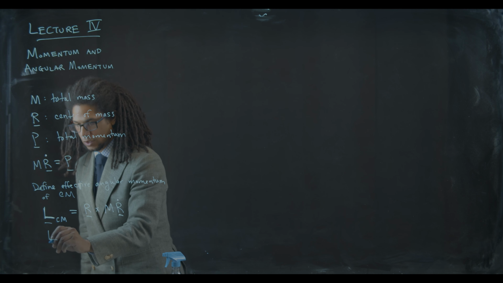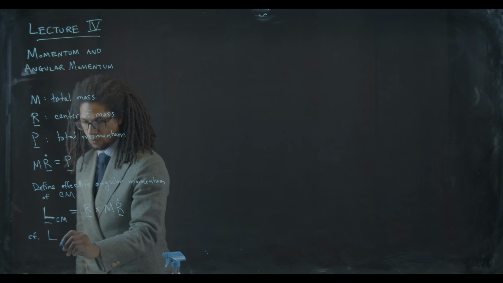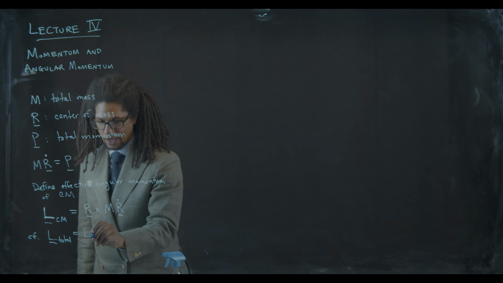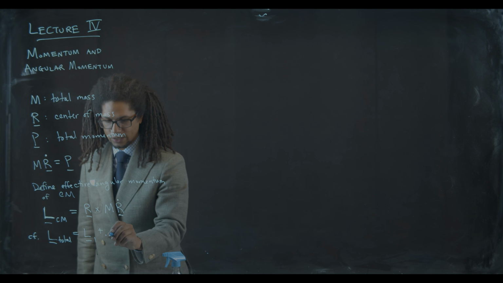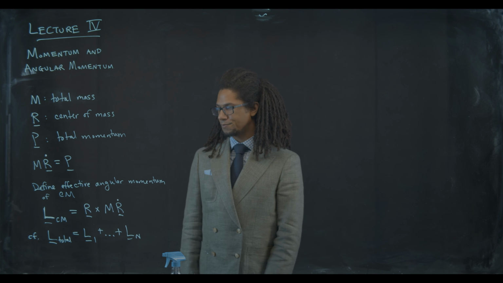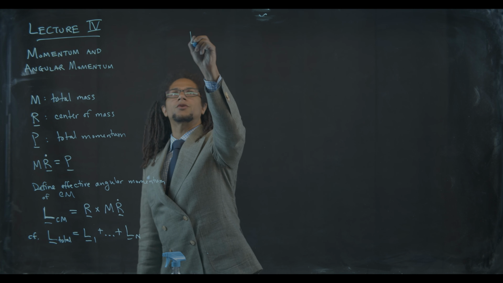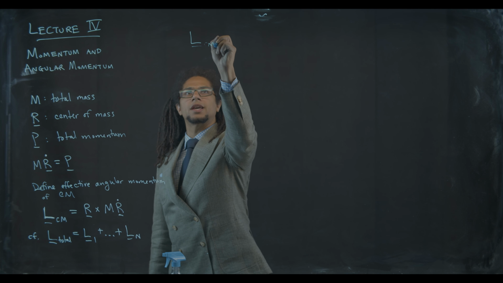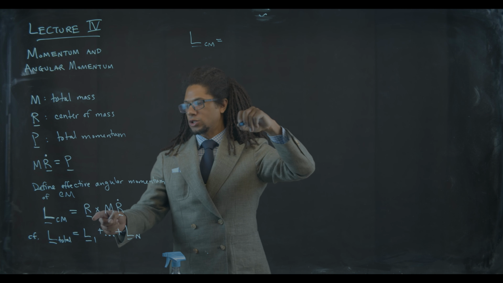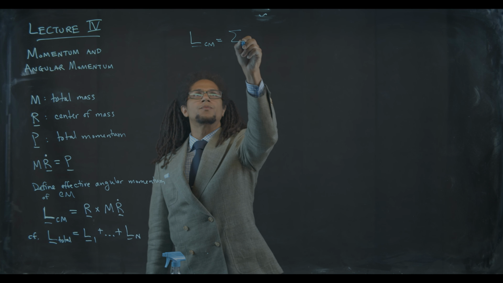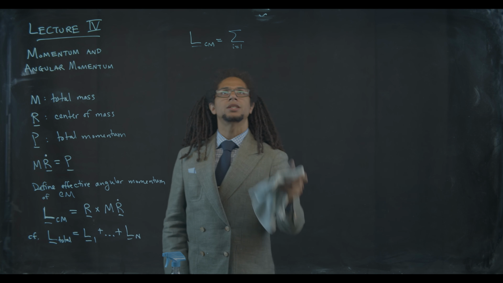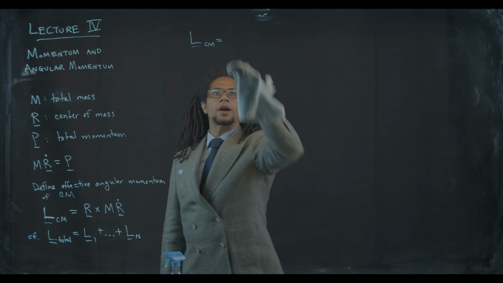So compare with L total, which would just be L1 plus dot dot dot plus Ln if we have n objects in our collection. Okay, so let's expand this first thing. L_CM is equal to, so for the first one, we need to take a sum, i goes from 1 to n, or maybe it's easier to write this all out.